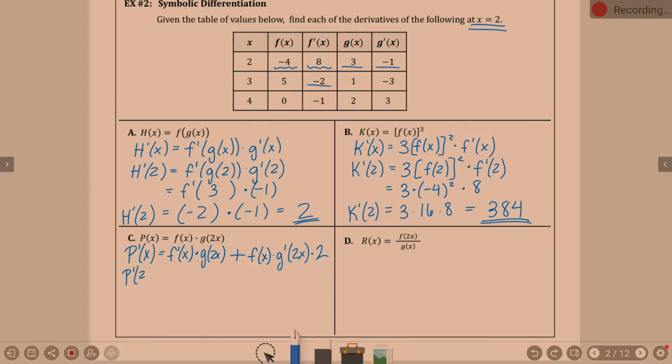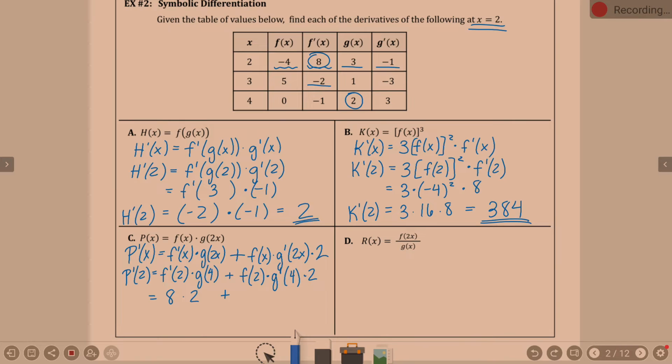So, p prime of 2. F prime of 2 times g of 2 times 2 is going to be 4, plus f of 2 times g prime of 2 times 2, so 4, times 2. Let's see, f prime of 2, 8. G of 4, 2.